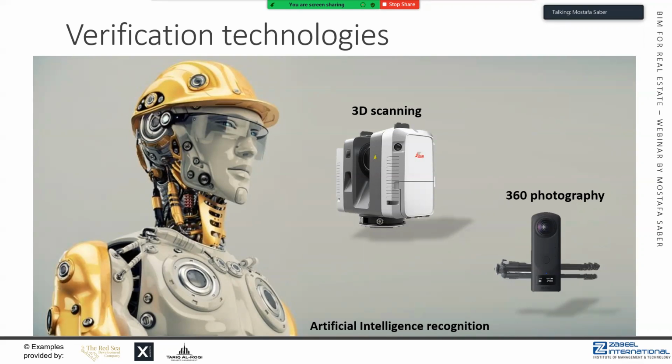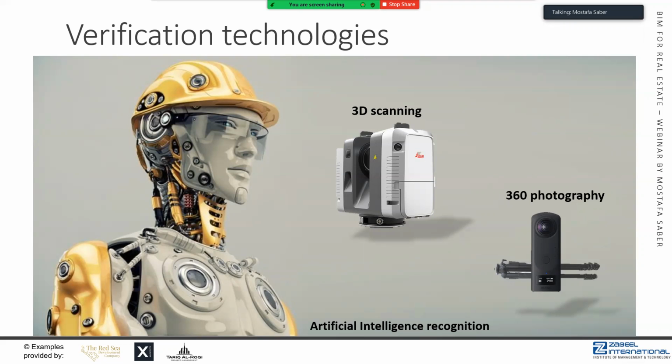The third element is artificial intelligence recognition. And this is becoming a new trend now, because artificial intelligence is becoming so powerful that it actually allows for automatic recognition of specific elements.